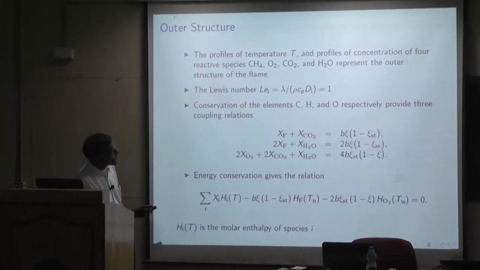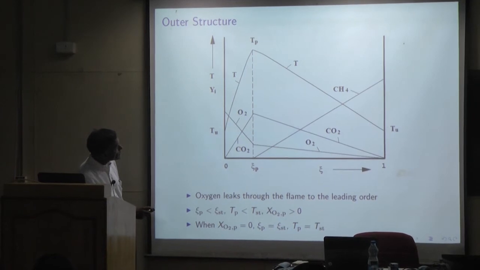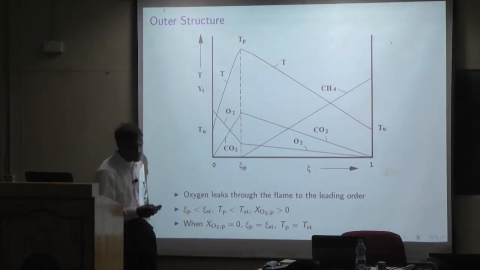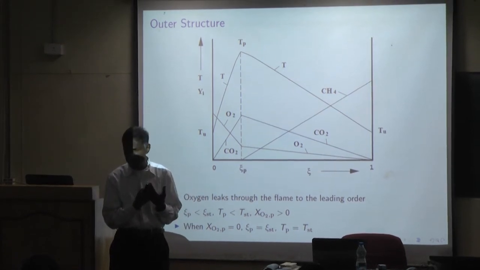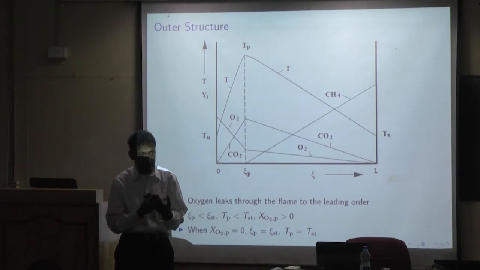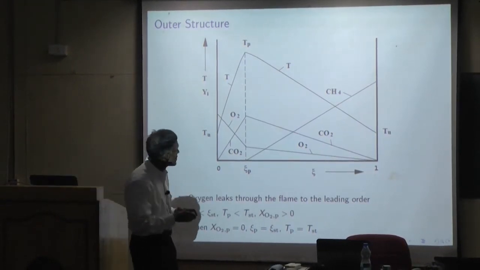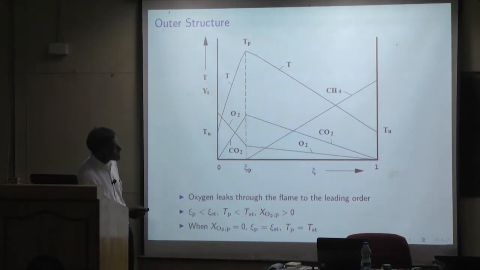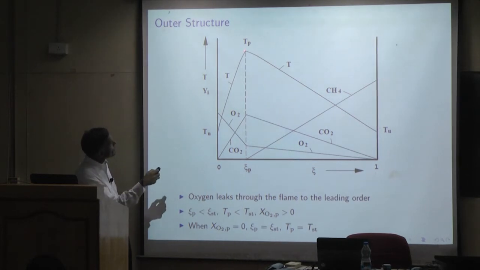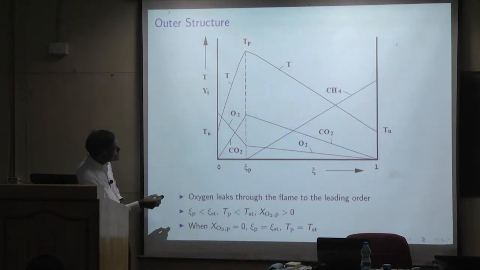Now here is a key thing that we do. If you recall, yesterday I talked about Liñán's premixed flame regime analysis. The key point of the analysis is that the oxygen leaks through the reaction zone in the outer structure, such that this is the flame temperature, Tp, and the profile of O2 represents O2 leakage.